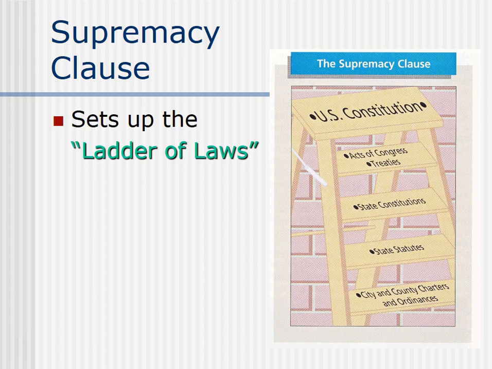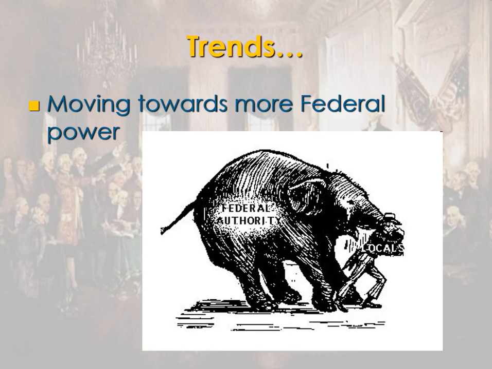So on the bottom level, we have city and county charters or ordinances. An ordinance is just a fancy name for a city law. There are state statutes, which is a fancy name for state laws. They will supersede city and county ordinances. Above the state laws is the state constitution. Above the state constitution, acts of Congress and treaties. And above acts of Congress and treaties, we've got the U.S. Constitution.